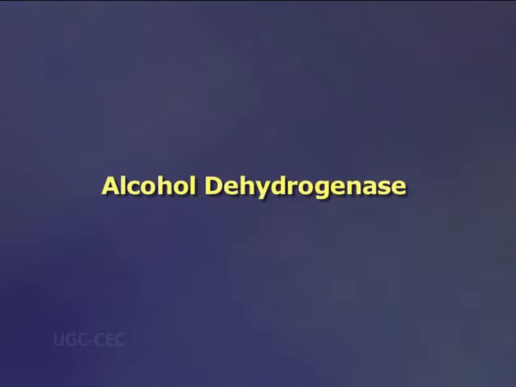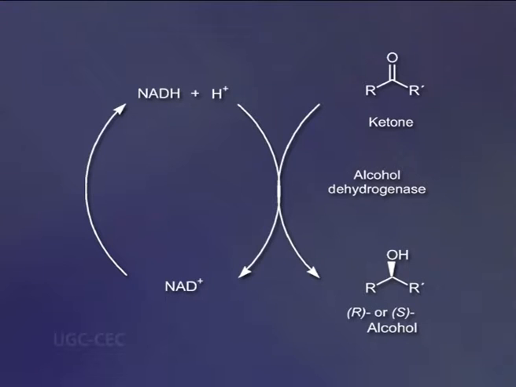Here we will focus on alcohol dehydrogenase. This enzyme interconverts alcohol to either aldehydes or ketones. In order for this to occur, NAD+ is reduced to NADH.